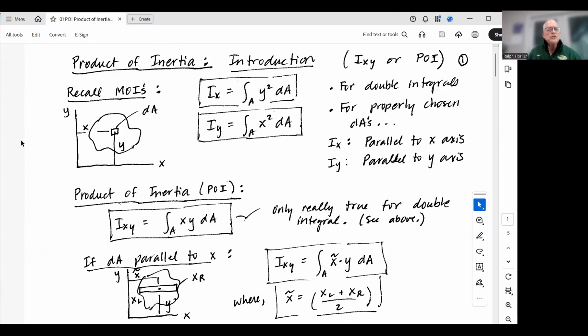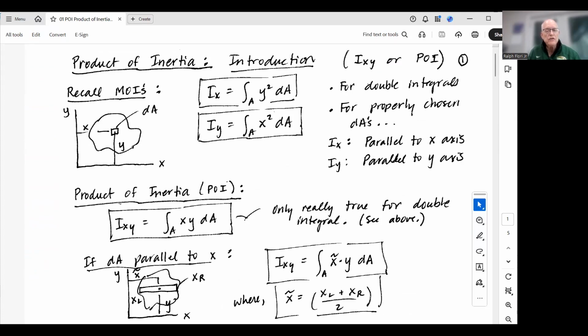So product of inertia is IXY, or sometimes we just call it POI, for product of inertia. We've already talked about moments of inertia, IX and IY. They're properties of areas, where IX is the integral over the area of y squared dA, and IY is the integral over the area of x squared dA.